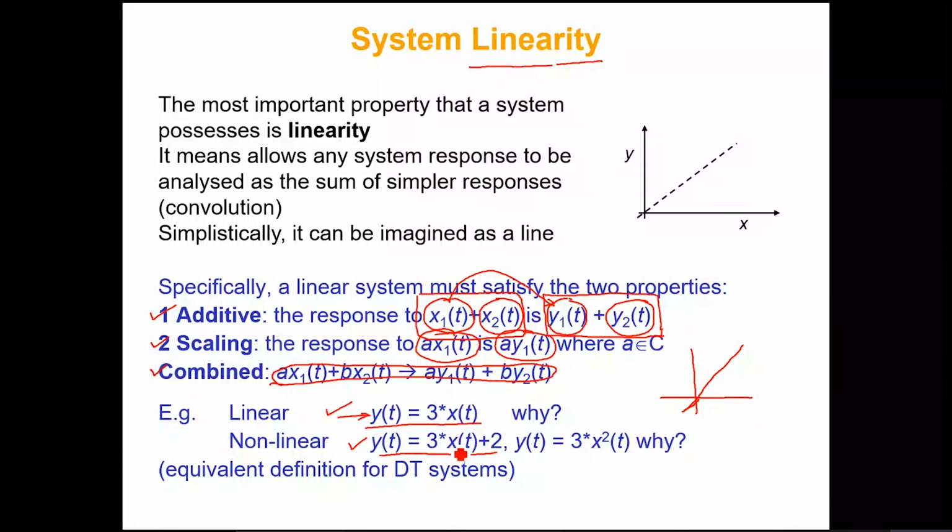Why not? Because it will not obey the linearity property. The additive and scaling properties combined, this second system will not obey. Other equations which are non-linear by design obviously will not obey the linearity property.